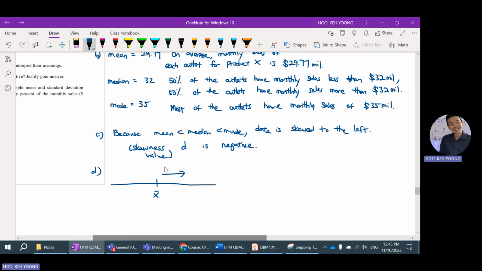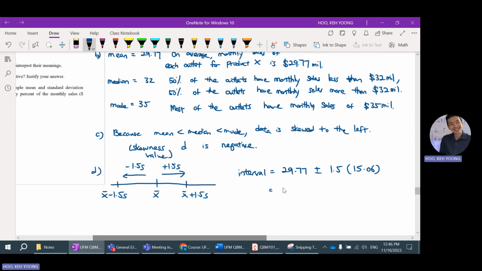To the right, you plus 1.5 times standard deviations, to the left, you minus 1.5. So you get x bar plus 1.5 s, x bar minus 1.5 s. Your interval is the sample mean 29.77 plus minus 1.5 times the standard deviation 15.06, which you got from the outputs.